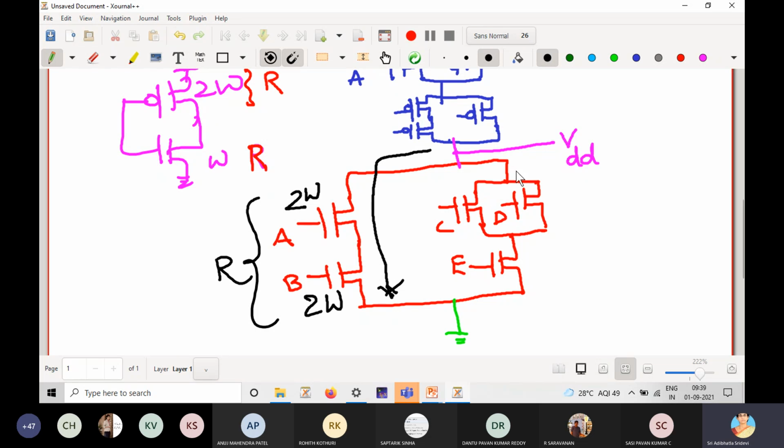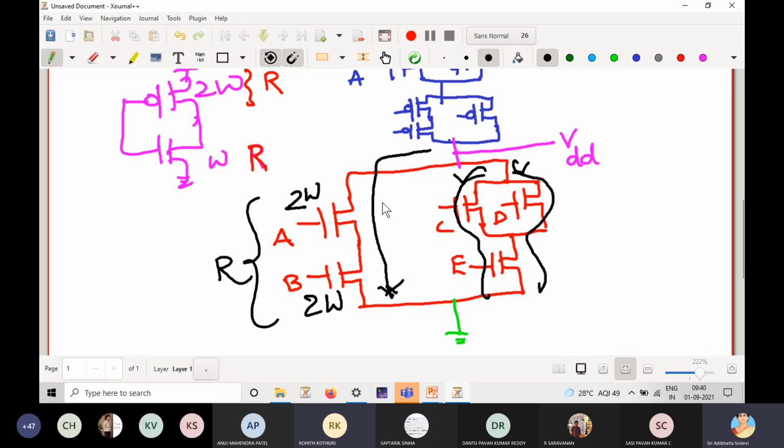Similarly, you come here. Here again, this is one path and this is the other path, right? And in each path, how many MOSFETs are there? 2.